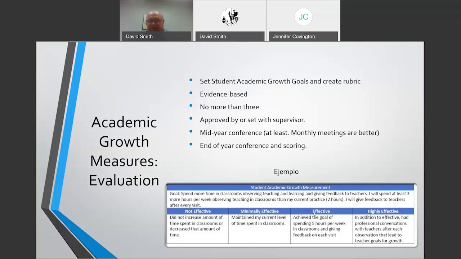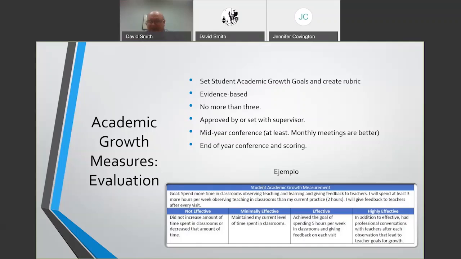Not effective in this case might be, I didn't increase the amount of time I spent in the classrooms. That's not going to help. Minimally effective, I maintain my current level of time in classrooms. Effective, I achieved my goal. I spent 5 hours in classrooms. I gave some feedback to the teachers on every visit.